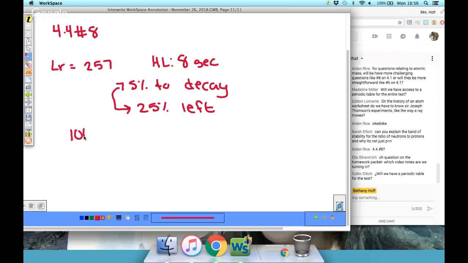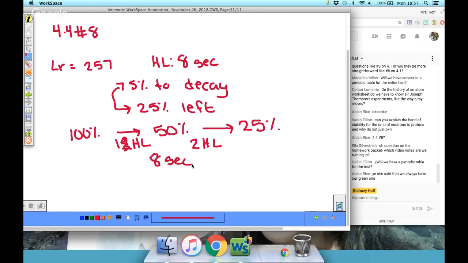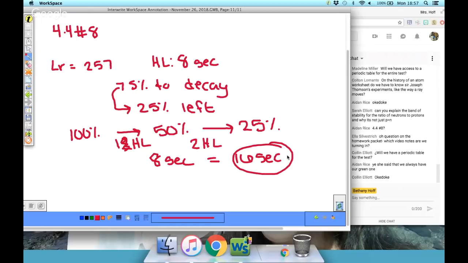So when we think about our half-lives, what we see is that 2 half-lives have occurred in order for 75% of it to decay. So if each half-life is 8 seconds, that means that if 2 half-lives have occurred, 16 seconds have passed.